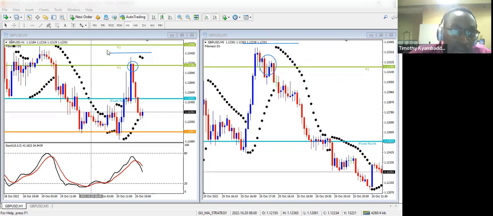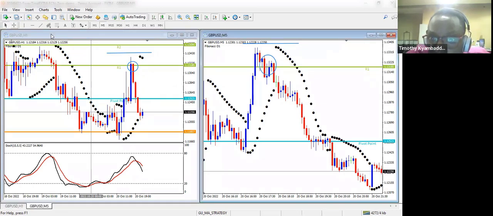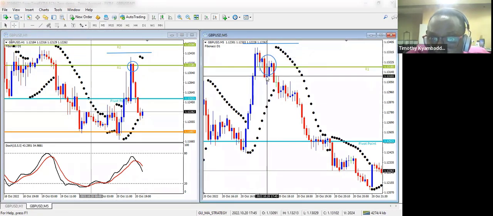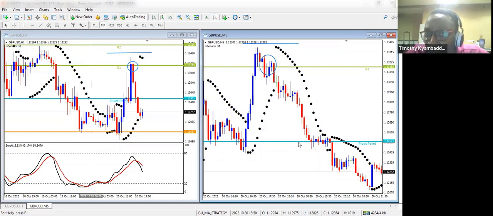If I were to initiate this trade from this position, maybe on this candlestick, this would mean I'm risking 30 pips and I'm looking to make about 57, 60 pips almost, because I'm looking at this pivot point line as the next point price should at least come and touch.